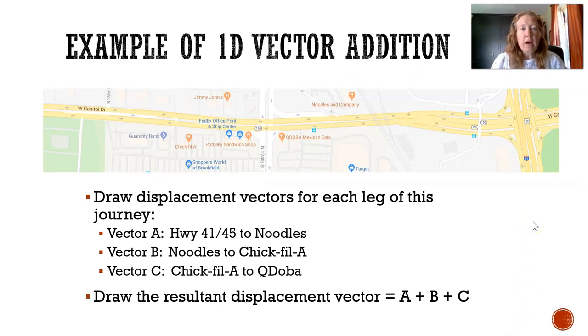Okay, so on this slide, I'm just going to draw some vectors. I'm going to simplify it a little bit by just trying to reduce them to one dimension by drawing them only on Capitol Drive. So let's try that. Let's see if my ink is working here.